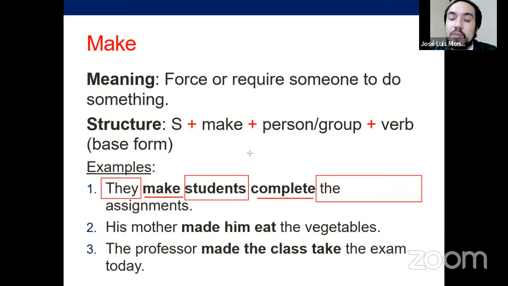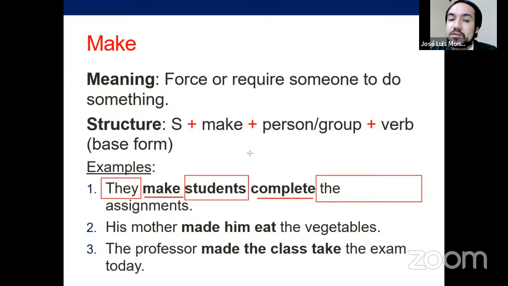So: they make students complete the assignments. In the past, they made students complete the assignments yesterday. In the future, they will make students complete the assignments tomorrow. In present perfect, they have made students complete the assignments twice.